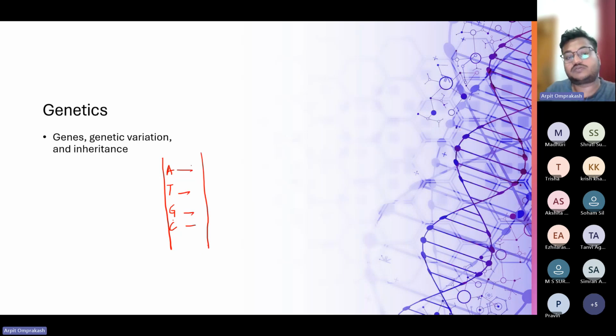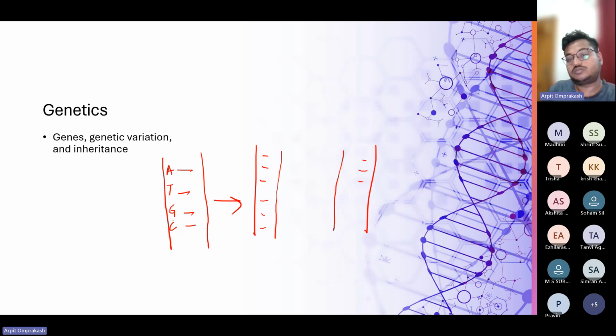During DNA replication, the strand separates. We have one strand here, and complementary strands come up: one strand complementary to this, and another strand complementary to this. That's how DNA is reproduced.